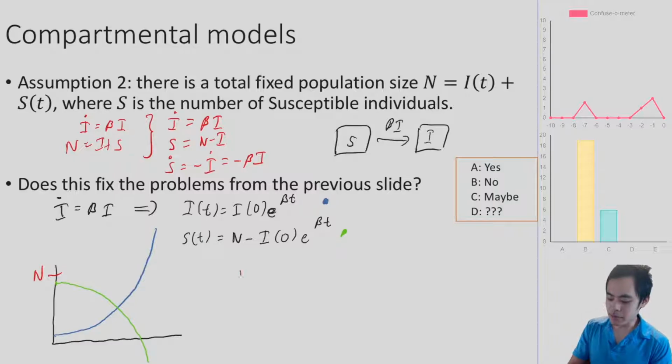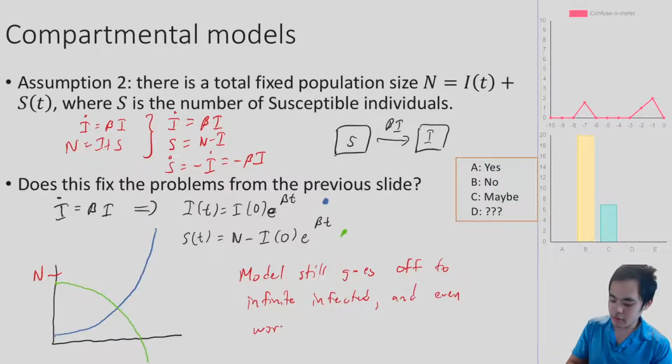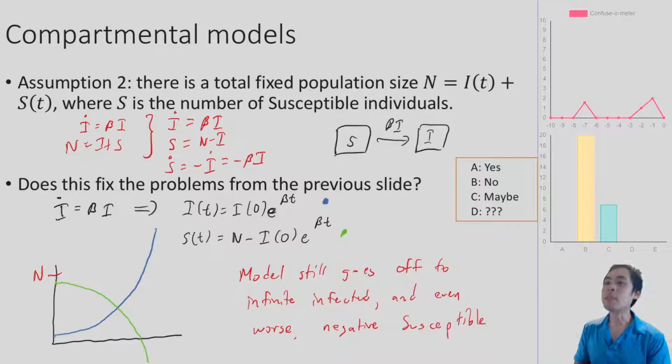And this is a problem. So the model still goes off to infinite infected. And even worse, negative susceptible. Okay, so this doesn't quite fix things.